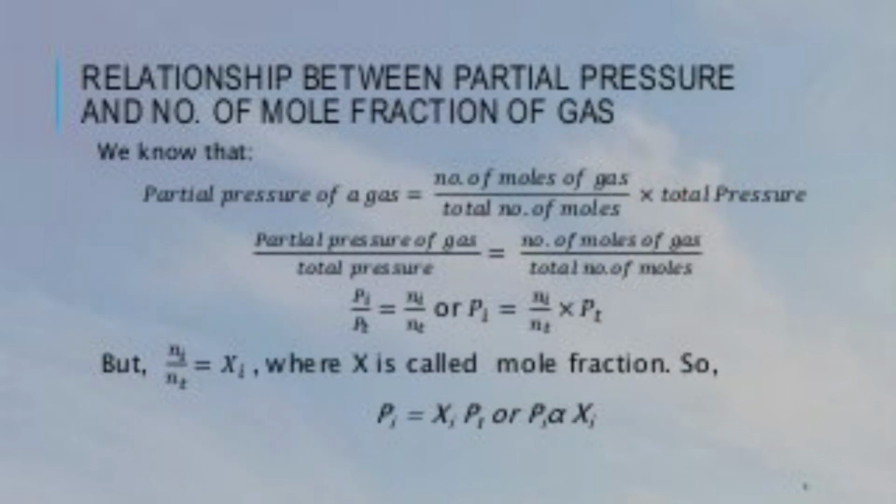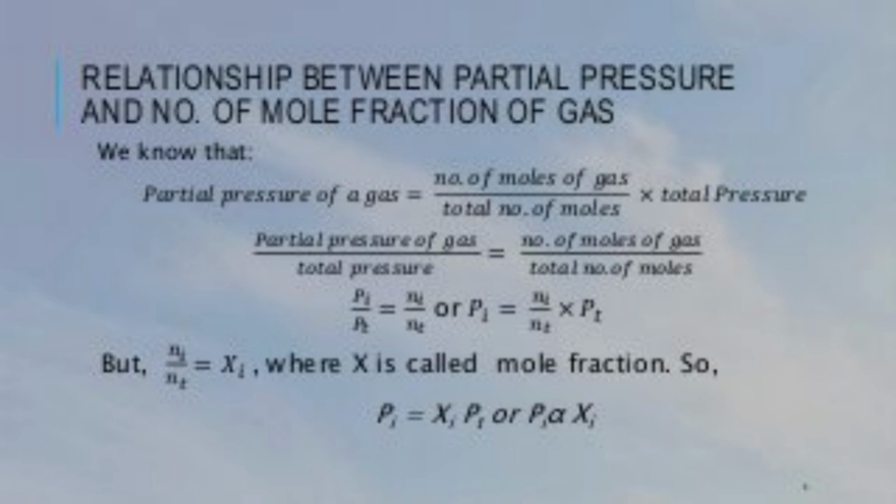Now we come towards partial pressure and mole fraction of gas, or the relationship between partial pressure and mole fraction of gas. From the previous equation, we know that partial pressure of a gas is equal to number of moles of gas over total number of moles of mixture into total pressure.